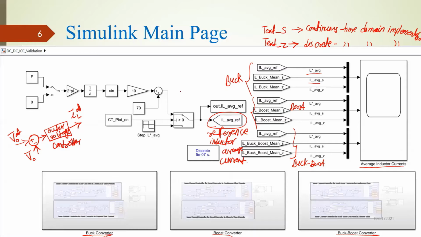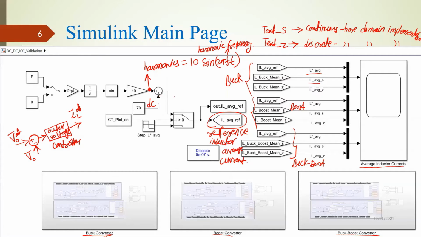So until this part, this is our harmonics. When I say harmonics, this is equal to 10 times sine of 2 pi f into t. Okay, so this is our harmonic frequency, and this is our DC value.